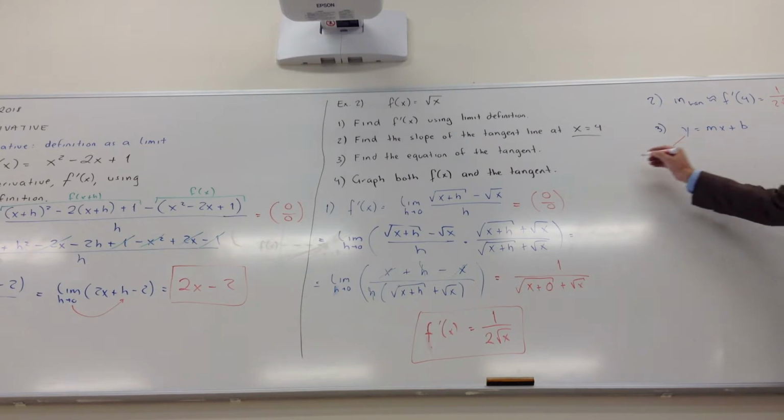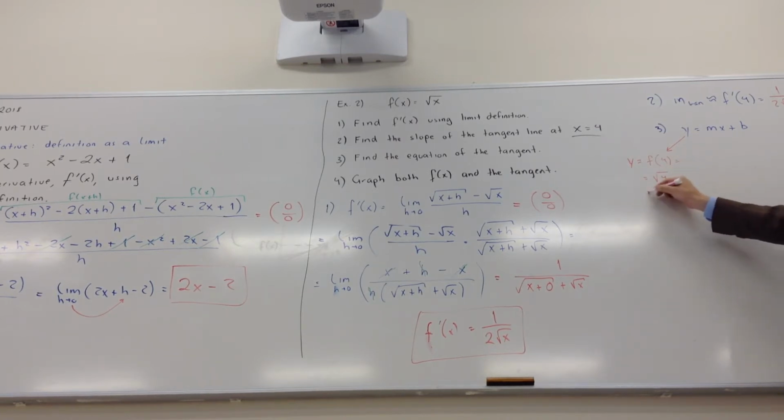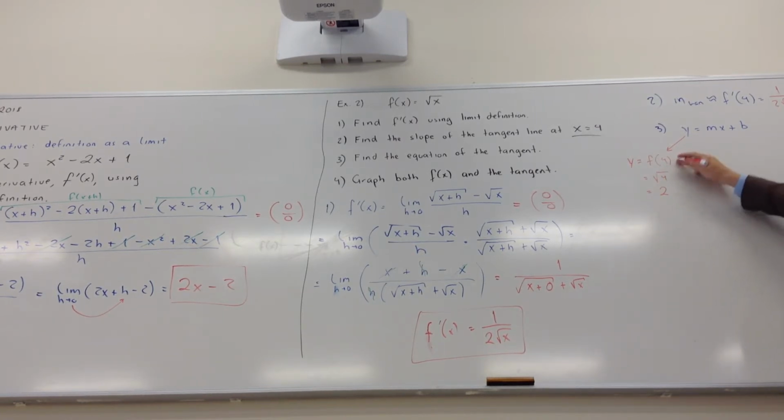To find the y, it will be the function evaluated at 4. So it's going to be the square root of 4 equal to 2. Okay? The tangency point is (4, 2). Now I have everything. Can I find b now? Yeah. 2 equal to 1/4 times 4 plus b.